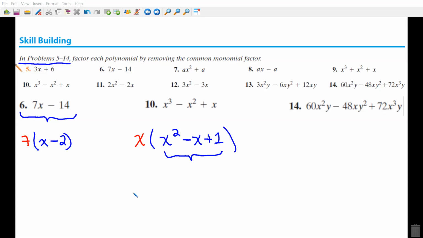I really don't know. Let me remind you about the formula. A minus b squared is a squared minus 2 times a times b plus b squared. So yes, we are going to learn how to factor this, but next week, okay?